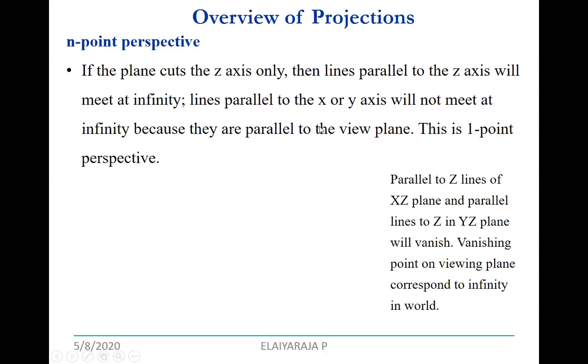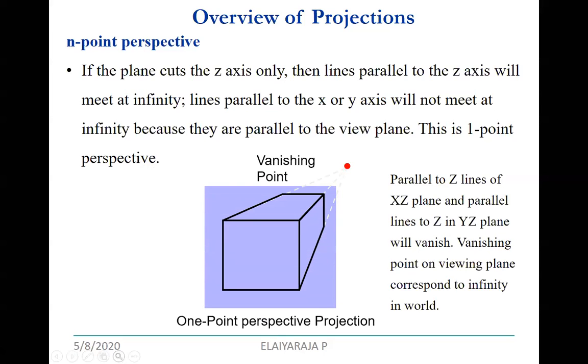That we call a one point perspective. With respect to that, the vanishing point in one point perspective projection is for lines parallel to z in the x z plane and lines parallel to z in the y z plane. The vanishing point on the viewing plane corresponds to infinity in your world coordinate model.